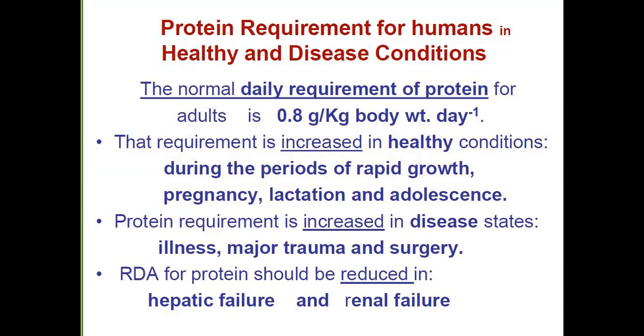Then coming to illness, protein requirement is increased in highly catabolic hospitalized patients because there is loss of body proteins in response to trauma and infections. One of the normal metabolic responses to infection or trauma, such as burns, a broken limb, or surgery, is an increase in net catabolism.